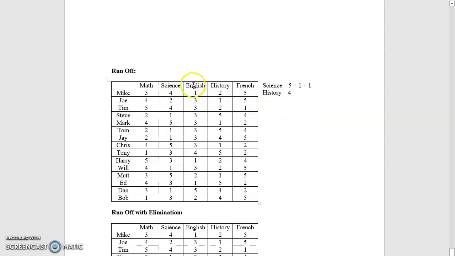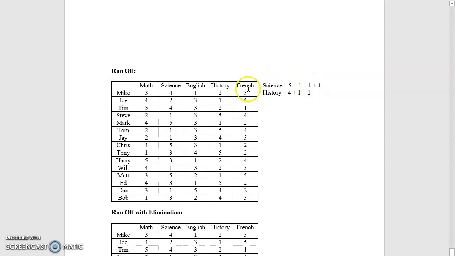Now, for English, I have a first place vote right here. History is 2, science is 4, so history gets that vote. In this English, history is 2, science is 3, so science gets the vote. And down here, science is 3, history is 5, so science would get the vote.